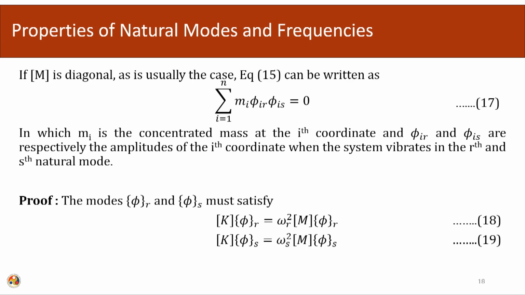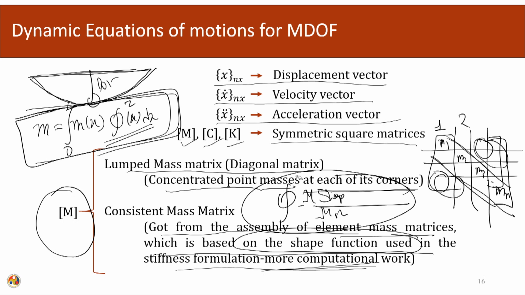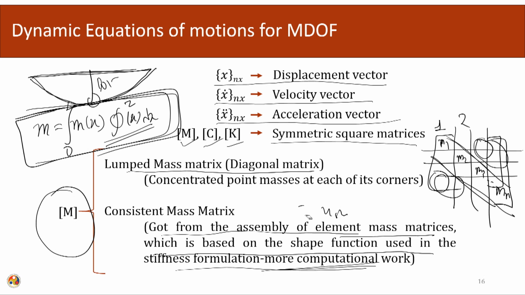So, if M is diagonal, normally it is, as we have seen in the previous case. In the previous case we saw that M is normally a diagonal matrix, its cross terms are normally 0, and it comes from the mode shape.